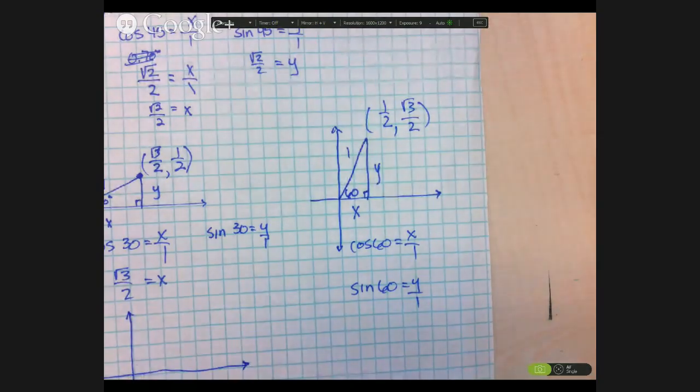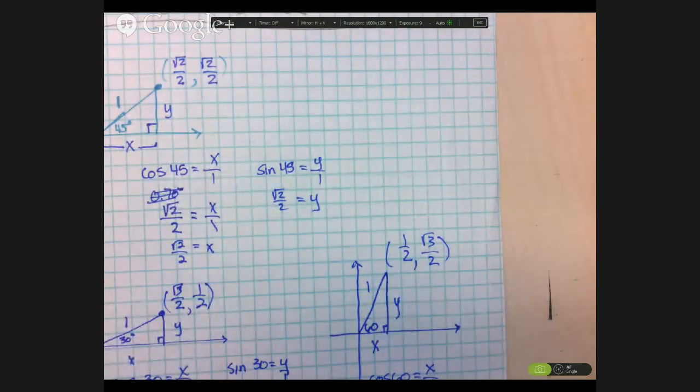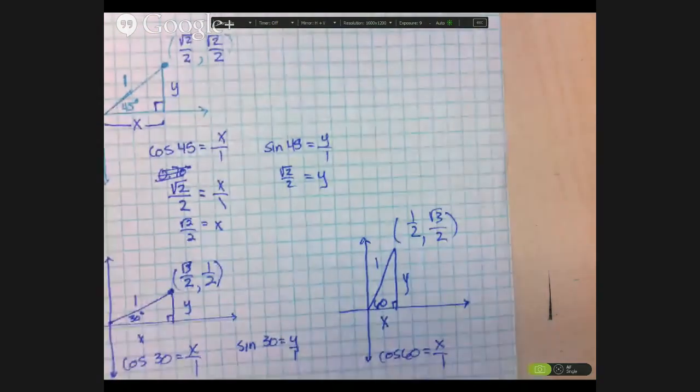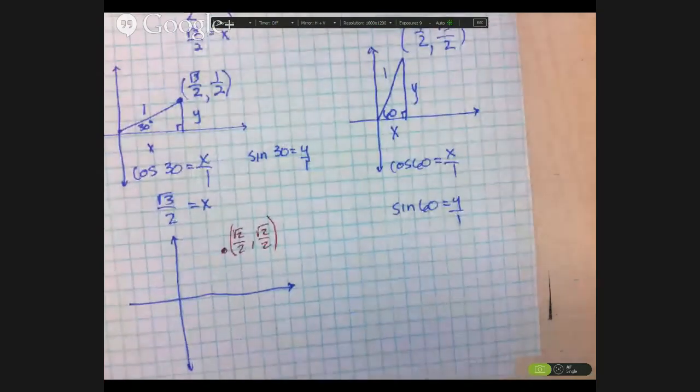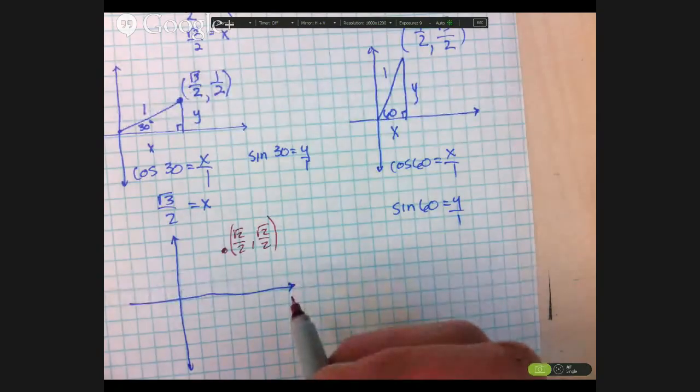So my original was 45 degrees. Okay, that was 45 degrees, right? 30 degrees.